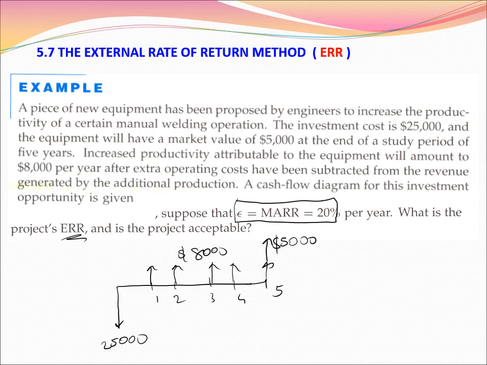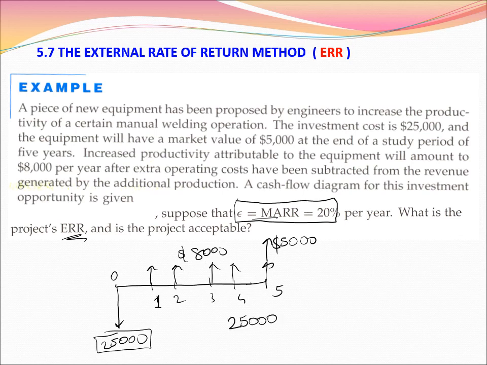How do we find it? Remember the 3-step procedure. The first step is to collect every expense at present time using this external rate of return, but there is just one expense in this project, and it is already at time 0. So there's nothing to do in this step 1. So what do we say?